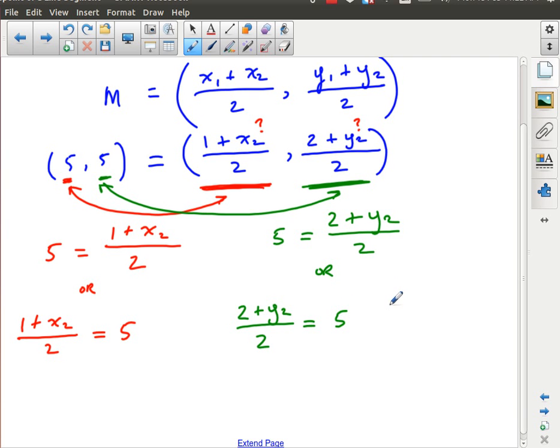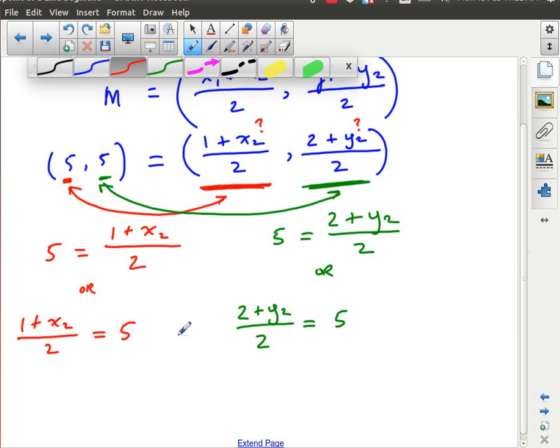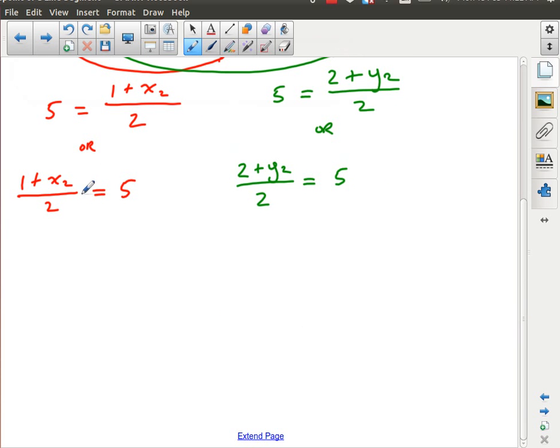Either of those is perfectly good. You could even go so far as to write this as y2 plus 2, x2 plus 1, just swapping. Addition can be swapped back and forth at your discretion. So if you can accept what we've got written here so far, we can proceed to find x2 and y2.